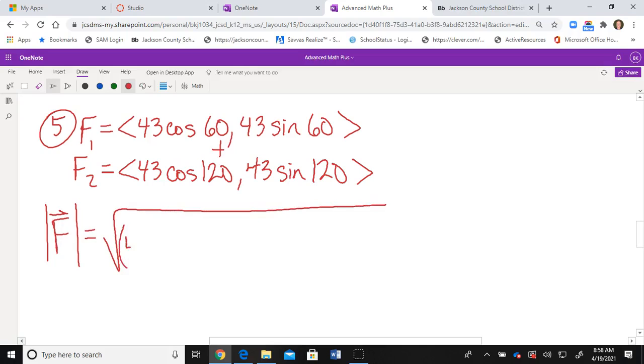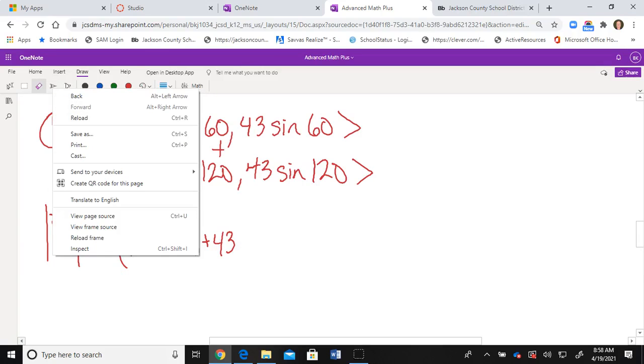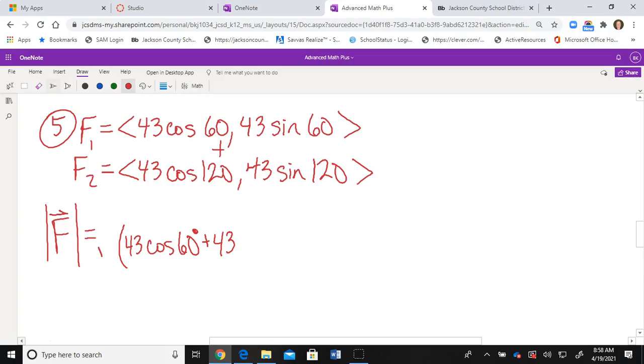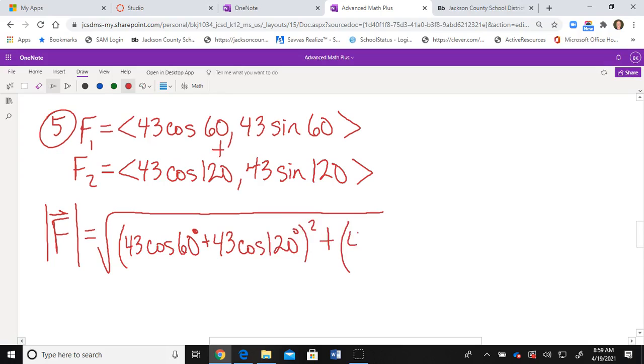So 43 cosine of 60 plus 43 cosine of 120, squared, plus 43 sine of 60 plus 43 sine of 120, squared.